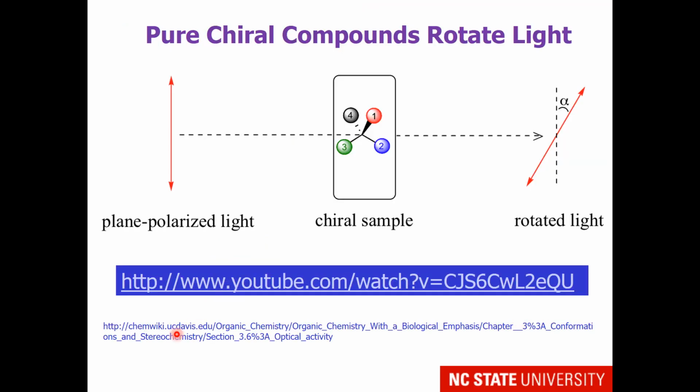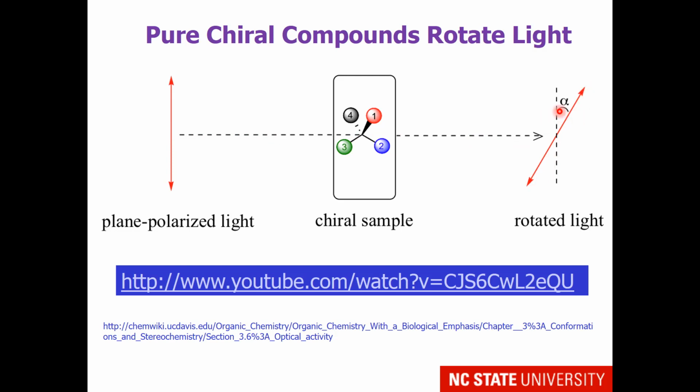An interesting thing about chiral compounds is if you have all of one enantiomer isolated, it will actually rotate light. So if you have light that's going through a slit such that it's only at points 0 and 180 degrees, if you pass that polarized light through a sample, you will actually get the light to turn.